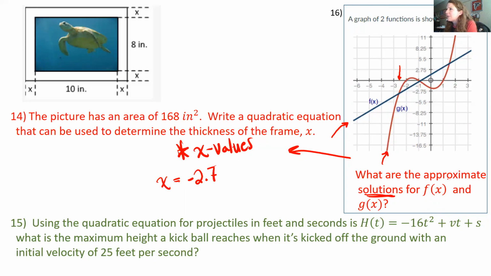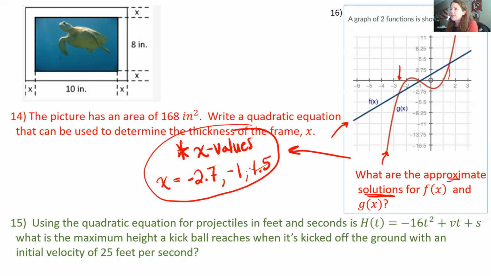We're approximating, right? They also intersect at almost negative 1. And they intersect at about right at 1.5. So just a reminder, when you're answering this question, you're looking for the x values only of where they intersect, okay? Don't forget that.